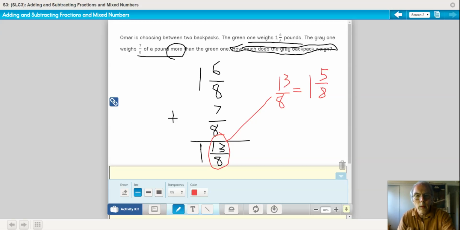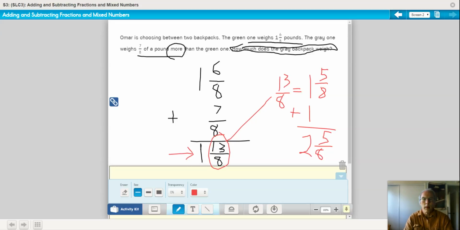Okay, now we go back and we remember that we've also got another pound over there. So we add those up together to get the proper way to say our answer, which of course is 5/8 of a pound plus 2 pounds. So 2 5/8 pounds.